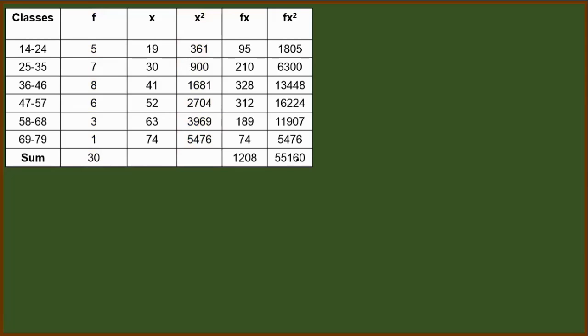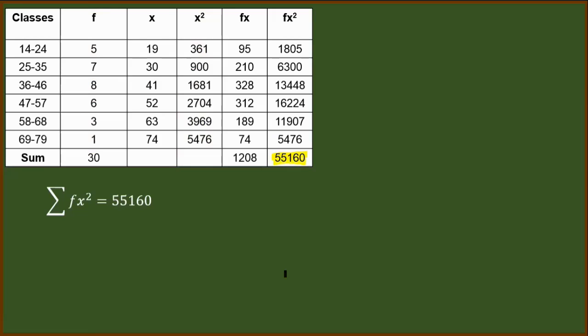The next step is to highlight the different values that we need for the formula of the variance. First is the summation of f times x squared. Let's highlight that part using yellow ink in this table. So the summation of f x squared, this is 55,160.